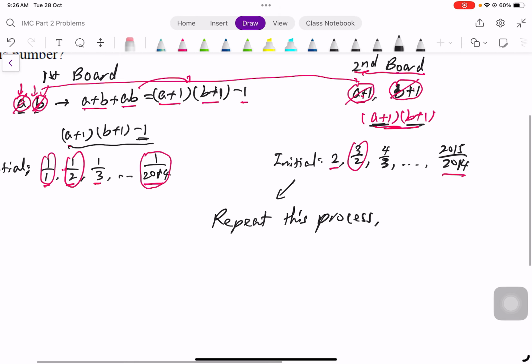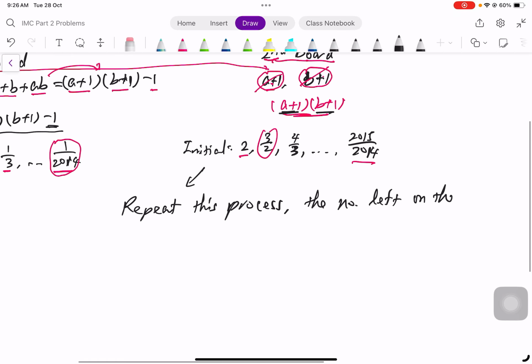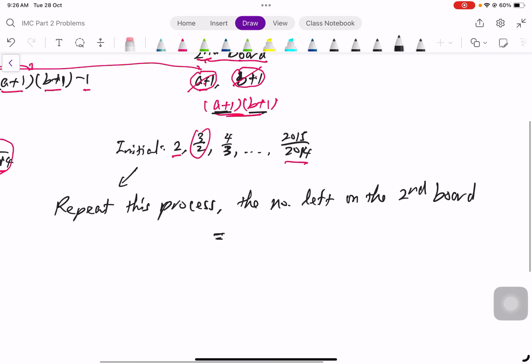Okay, the number left on the second board is actually equal to 2 times 3 over 2, I don't need to put brackets, and then multiplied by 4 over 3, multiplied all the way to 2015 over 2014.